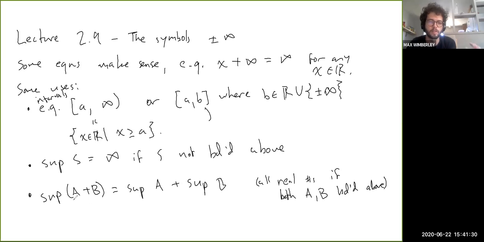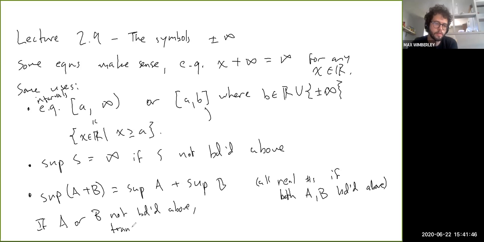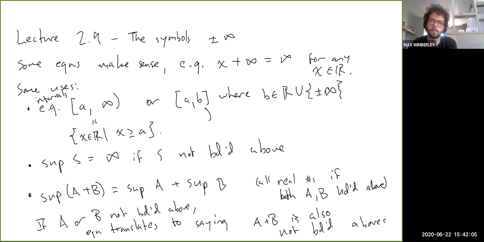And the way we do that is just say that if A or B is not bounded above, then the equation translates to saying A plus B is also not bounded above, which is not too hard to believe, hopefully.